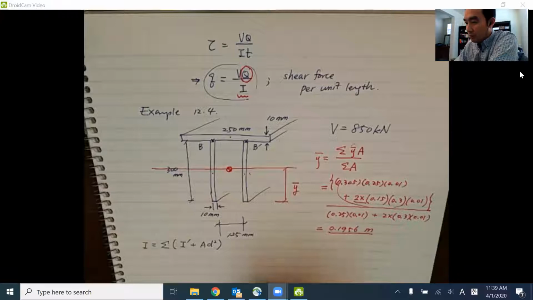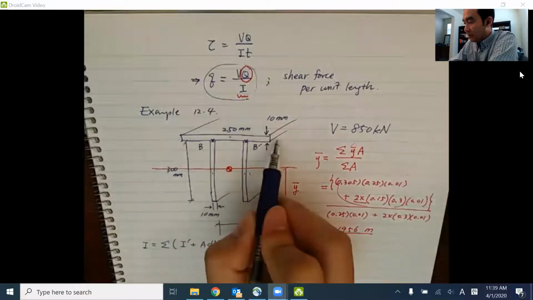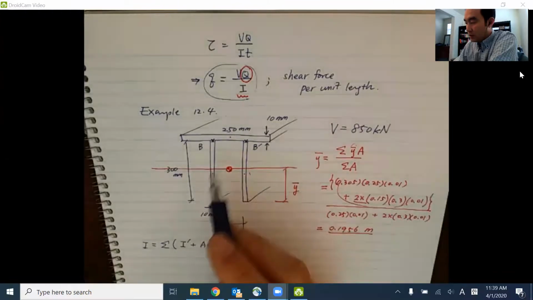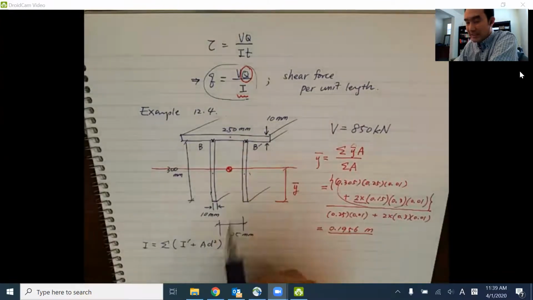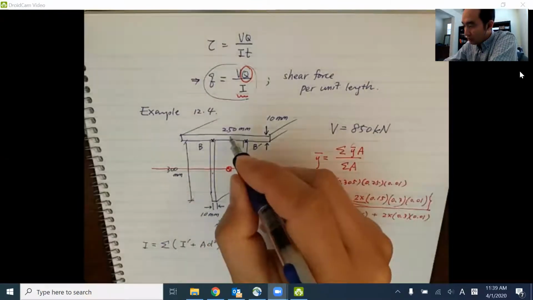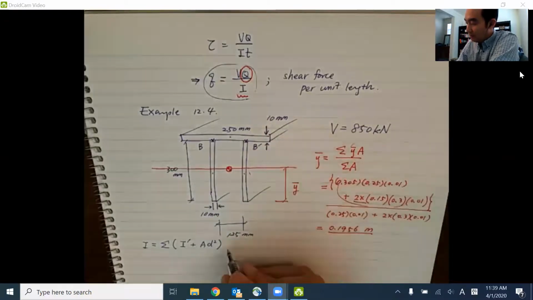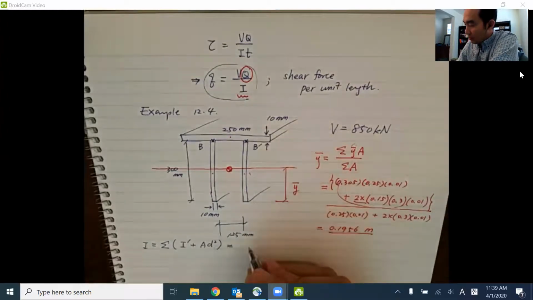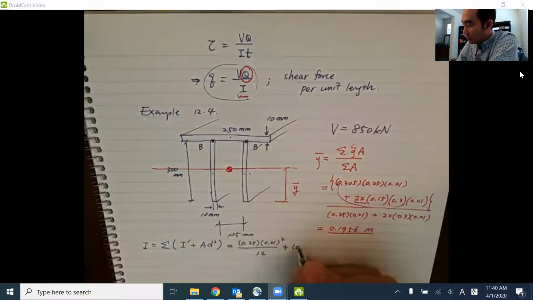I prime is the moment of inertia about its own centroidal axis, and then we add the A d squared terms for each one, where A is the area of each one, and d is the distance from the neutral axis of the entire section to its centroidal axis. So let's start with the top one, where I prime is b h cubed over 12. So 0.25 times 0.01 cubed over 12, plus area 0.25 times 0.01.